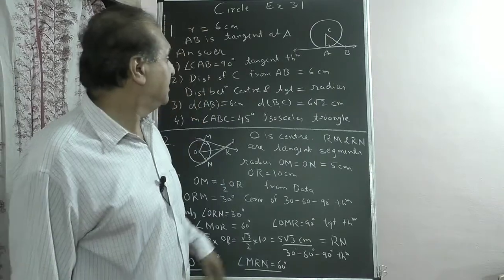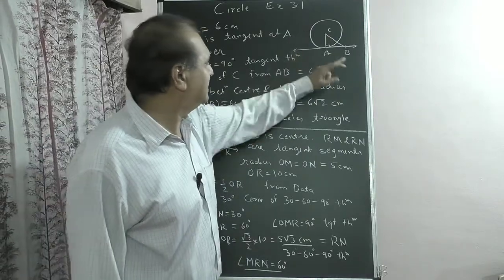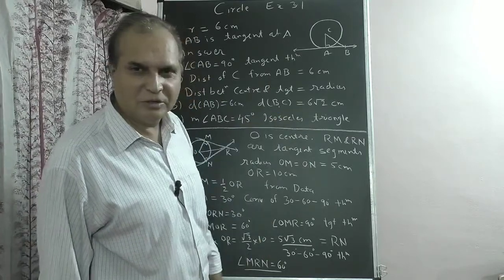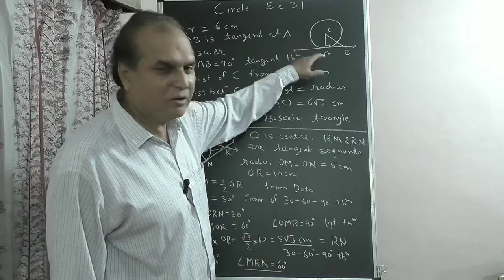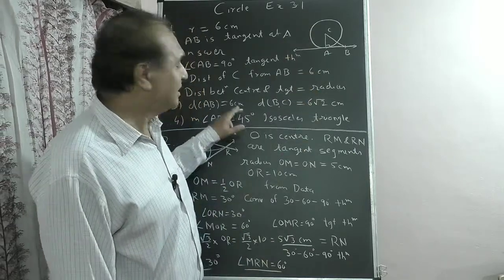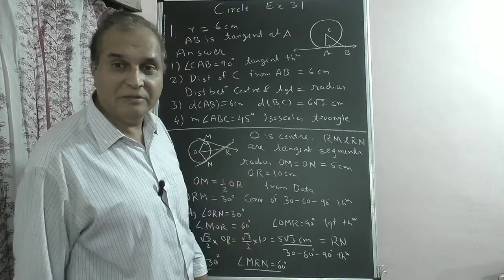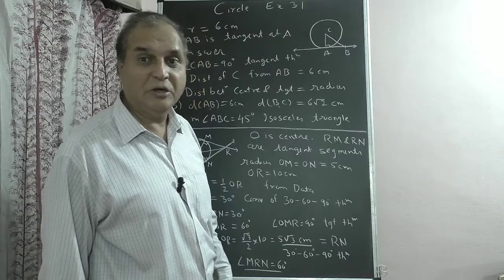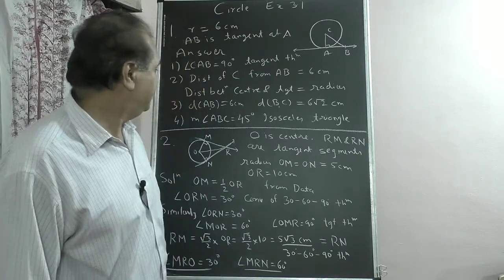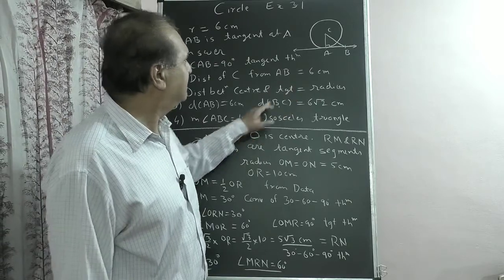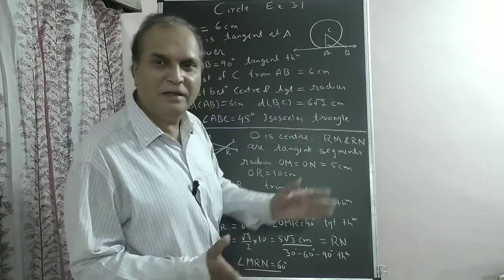So BC, if this is 6, this is 6, by the 45, 45, 90 theorem it will be 6 root 2 directly, or using Pythagoras, it will also be 6 root 2 centimeter. Give the corresponding reason, which theorem you use. Theorem is important, this is geometry. And since this is an isosceles triangle, angle ABC equals 45 degree.